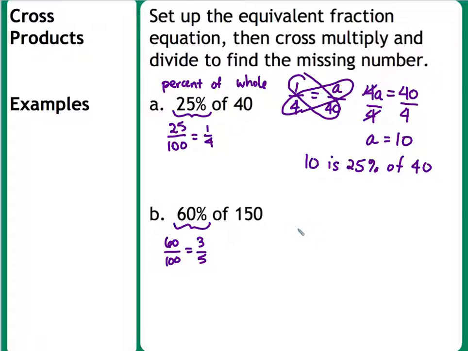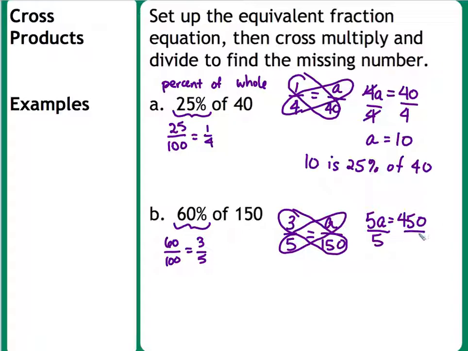We can set up the same ratio that we did before, in the sense that 60% is 3/5, and that's equal to the part over 150. It's always percent of whole, so 150 is the whole. We're trying to find what the part is. So using cross products, we have 5 times a is equal to 3 times 150. 3 times 150 is 450.